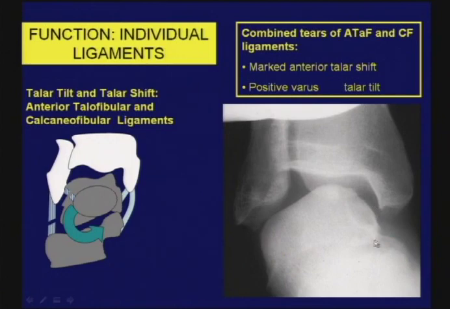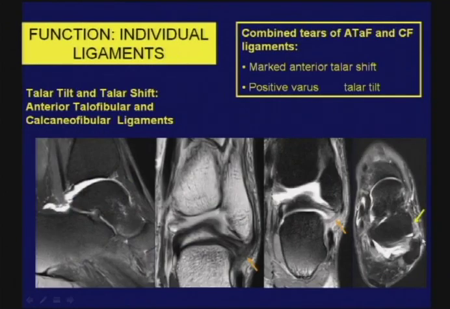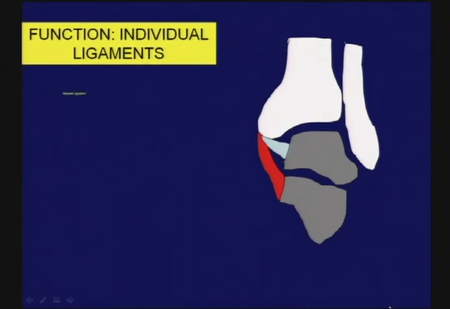Okay, sorry, and this is what it would look like. You can see this markedly exaggerated tilt with varus testing. And here's an example where even on MR, the talus was translated forward. There is the tearing of the calcaneofibular ligament, at least partially torn. Here's the tear of the anterior talofibular ligament.